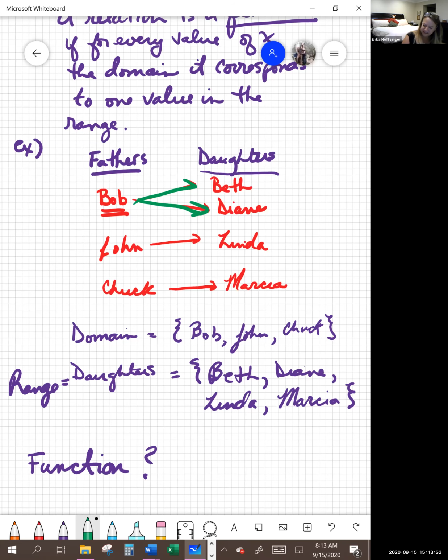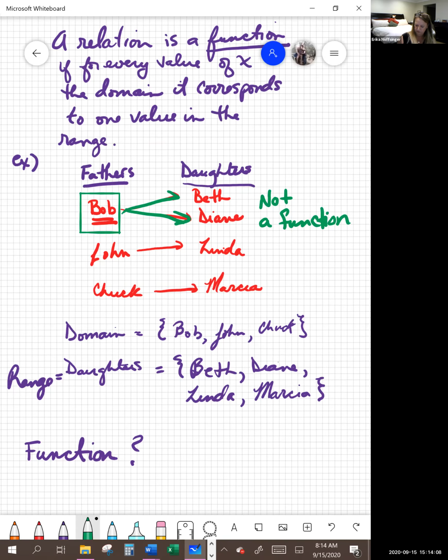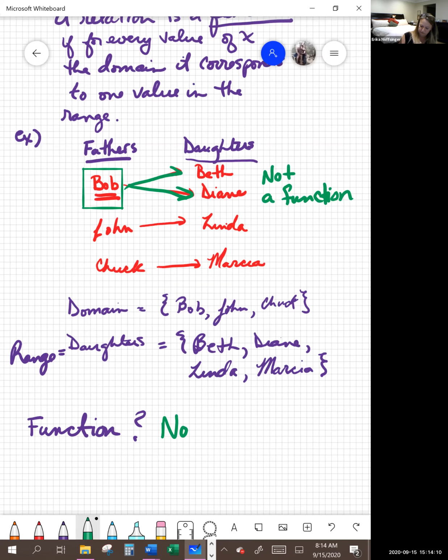Okay, because of Bob, like you said, this is not a function. So no, because Bob has 2 outputs. He has 2 daughters.